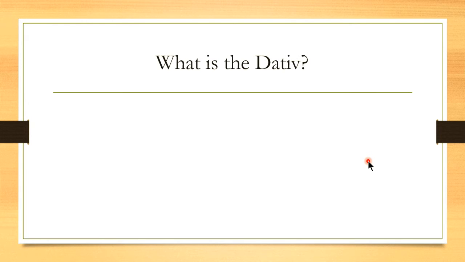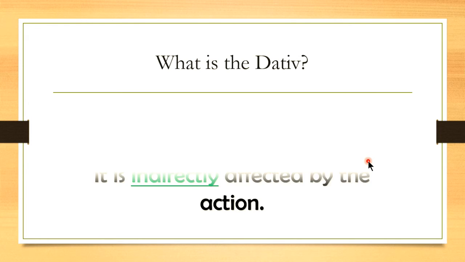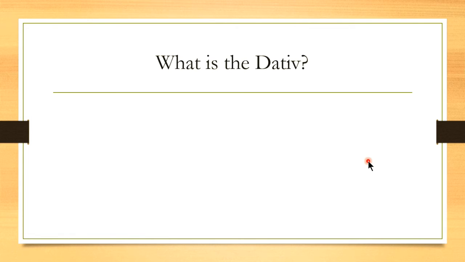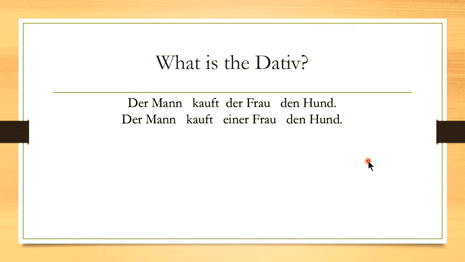Moving on to the dative. What is the dative? The dative is the indirect object of a sentence. It is indirectly affected by the action. The example that I have here is der Mann kauft der Frau den Hund. Der Mann kauft einer Frau den Hund.